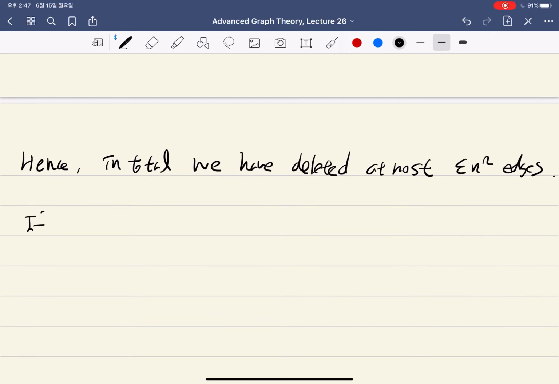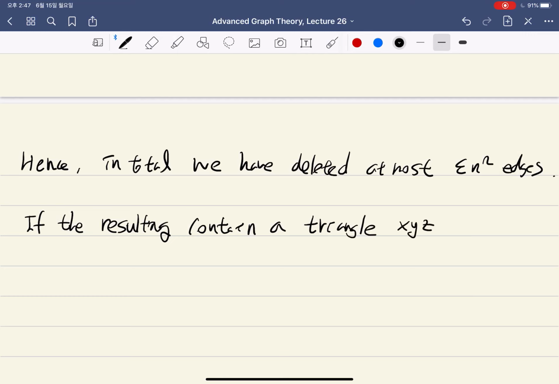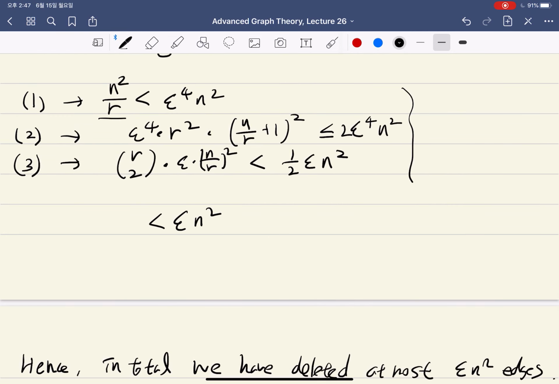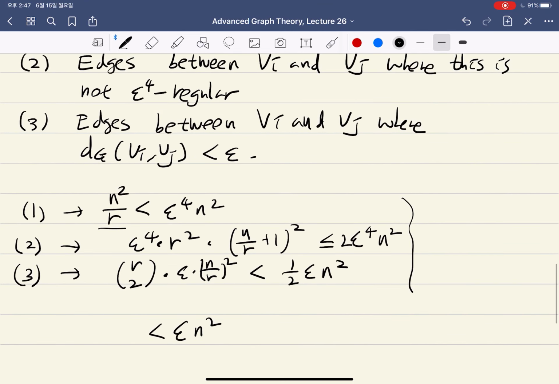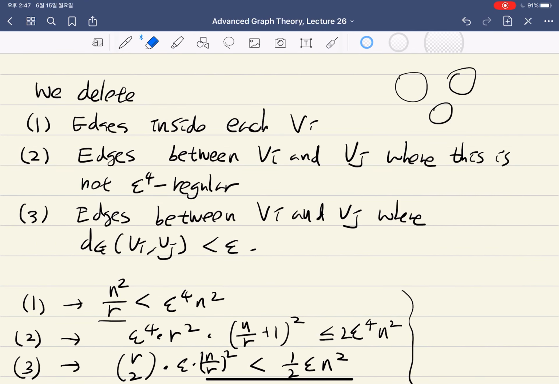And now we claim that the resulting graph is triangle free. But if not, if the resulting graph contains a triangle xyz, then how does it look like? First, x, y and z are adjacent to each other. So two of them cannot belong to the same partition because we have already deleted all the edges inside each part.